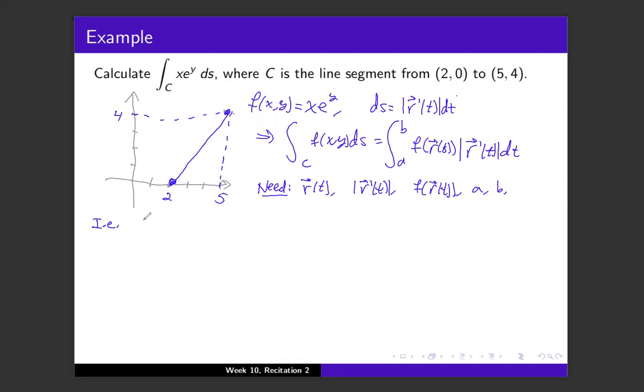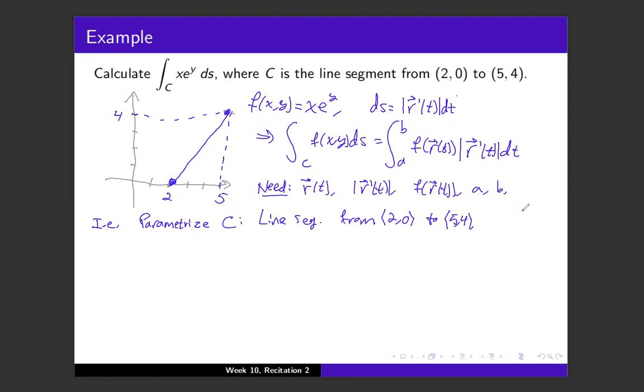So, what we really need is to parameterize our curve. In this case, this is a line segment from the position vector (2, 0) to the position vector (5, 4).